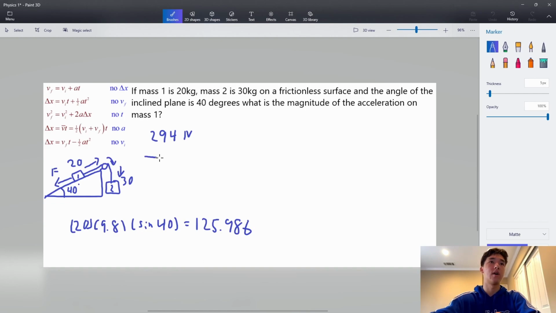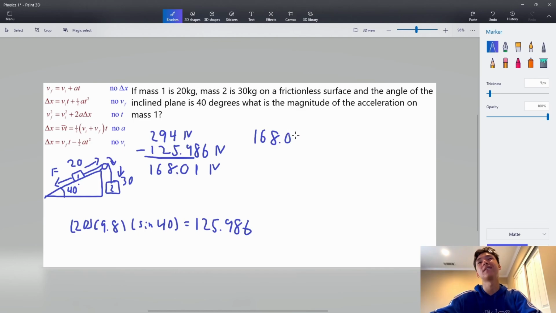And essentially what we're going to want to do is find the net force. So these are conflicting forces. Resistance is happening here, so we're going to want to subtract, which will give us a net force of approximately 168.01 newtons, basically just 168, which is equal to, we're going to want to add the masses together, right, because they're connected, 50a.